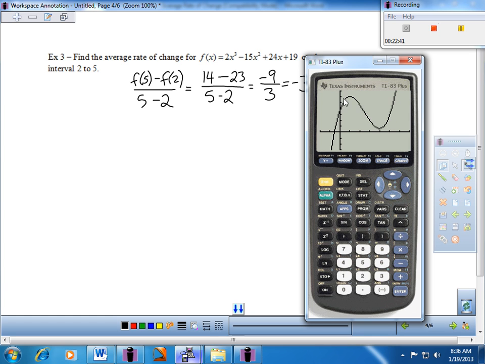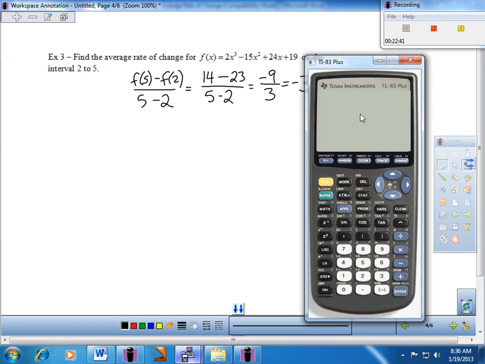So you could see, and again, I can't draw on here, but basically I've got a secant line going through those 2 points, kind of like this, hoping everyone sees that. And it is a declining line as we go left to right, and so as a result, slope is going to be negative. And that's exactly what we got. And so what it means, again, is on average, it's going down 3 as it runs 1.